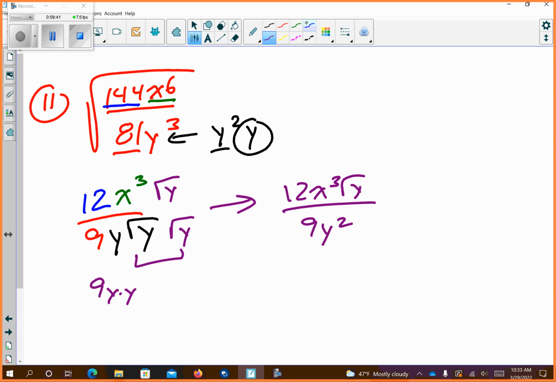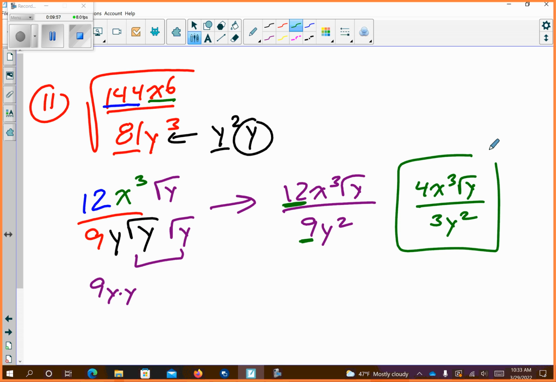Okay, we're almost done with the problem. What number goes into both 12 and 9 evenly? 3. So the top is going to become 4. The bottom is going to become 3y squared. There, it's done. I don't think I'm going to give you one like that on the quiz. It didn't hurt us to see it.